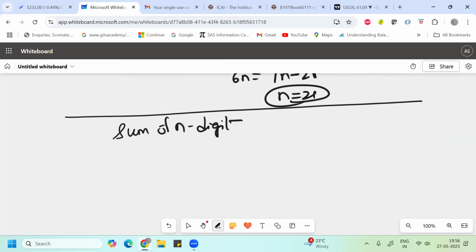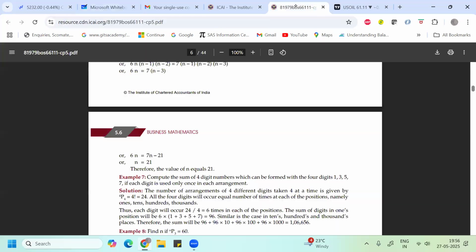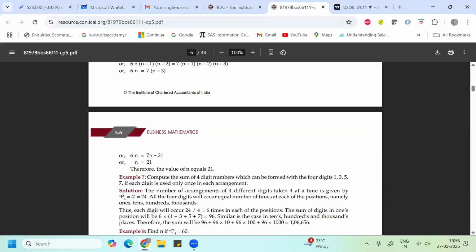In permutation combination, just apply the formula for the sum of digits, and then write how many times the digit is to be formed. For a 4-digit number, write 4 times, 1, 2, 3, 4, into n minus 1 P r minus 1. Remember the formula. So sum of digits: the digits are 1, 3, 5 and 7.